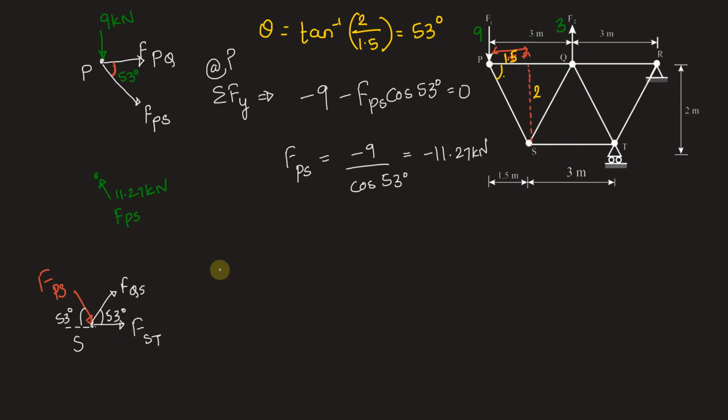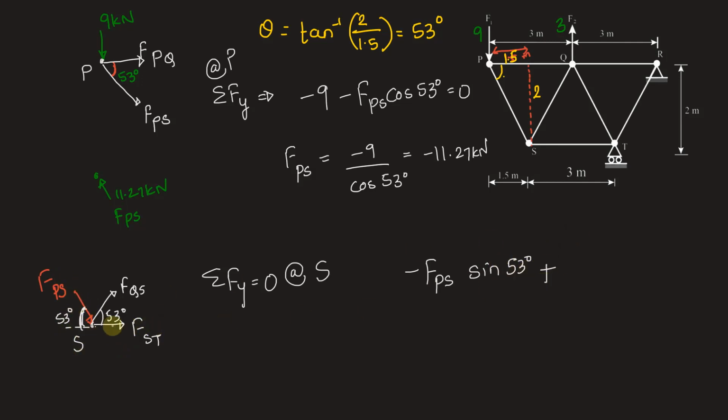Now taking summation Fy equal to 0 at joint S, the vertical component of FPS will be downward, so it is minus FPS sine 53 degree. It is not cos 53 degree this time because we are taking this angle, so it is actually the sine component.